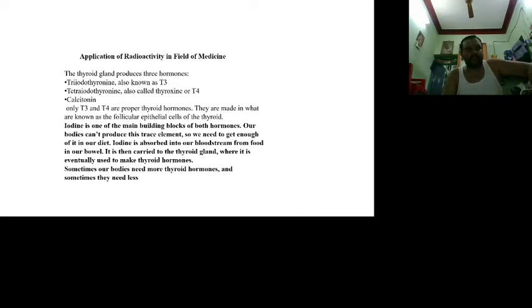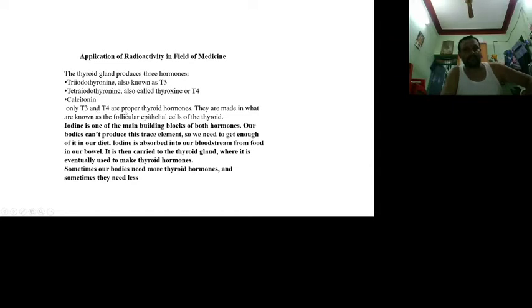Our thyroid gland produces three hormones: triiodothyronine, called T3; tetraiodothyronine, or thyroxine, called T4; and calcitonin. Among these, T3 and T4 are very important, because the levels of these hormones indicate whether the patient has a thyroid condition or not.